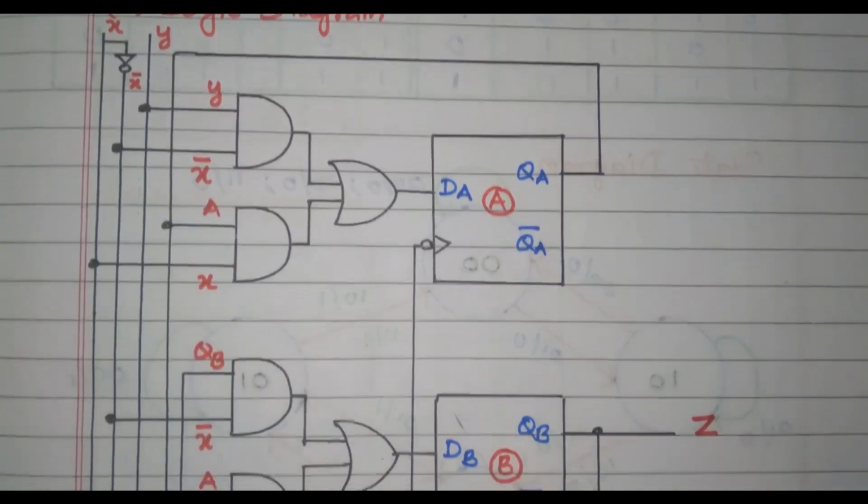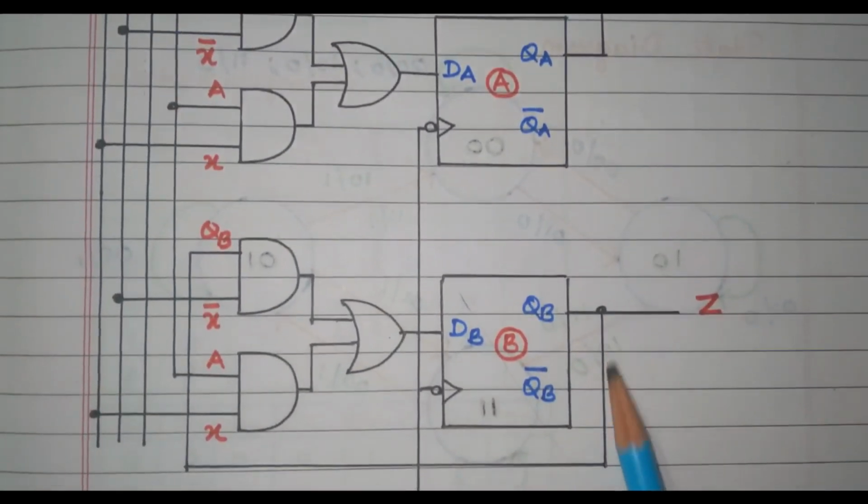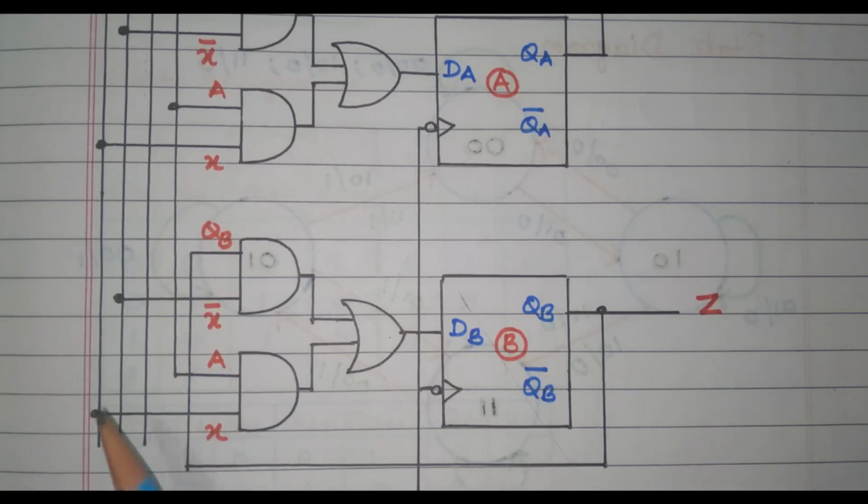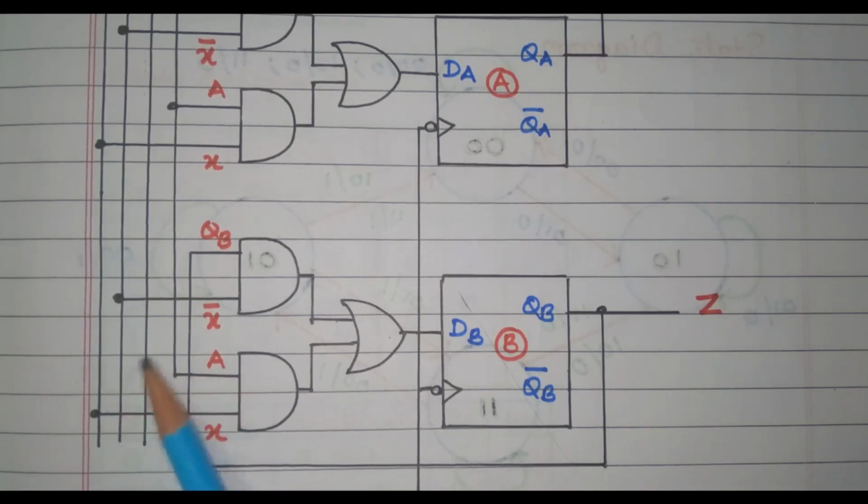Similarly, we have QB also available, the output QB is also taken, and this line indicates the QB. X bar, Y, QA, QB. QA, QB is nothing but AB. So, we have 5 data available here: x, x bar, y, QA, QB.